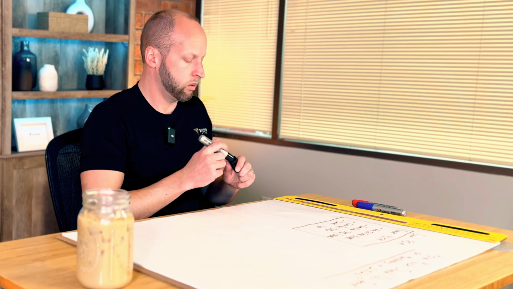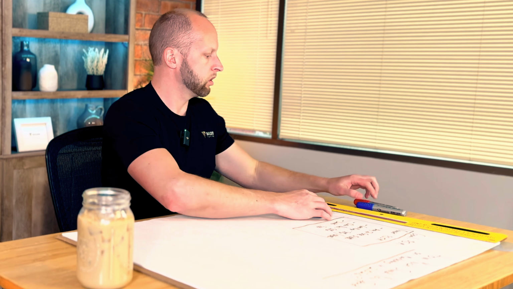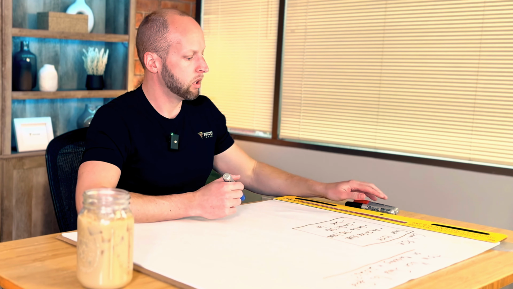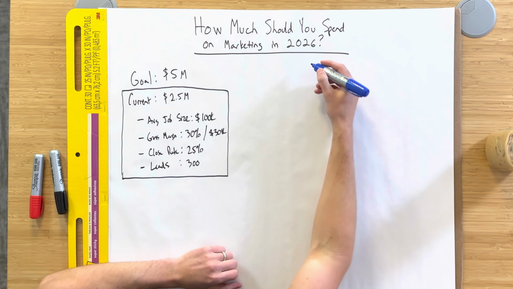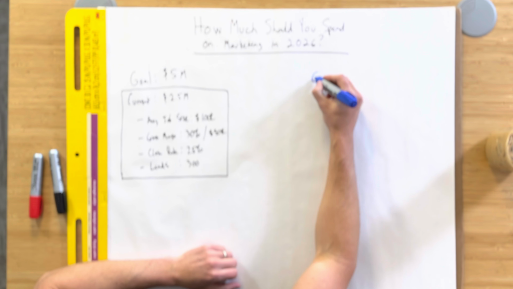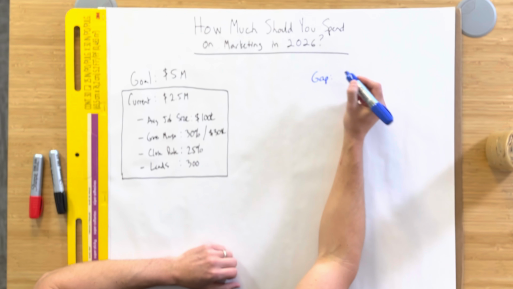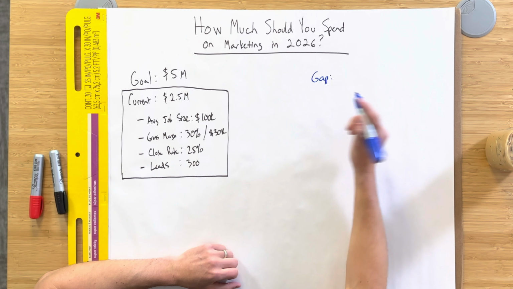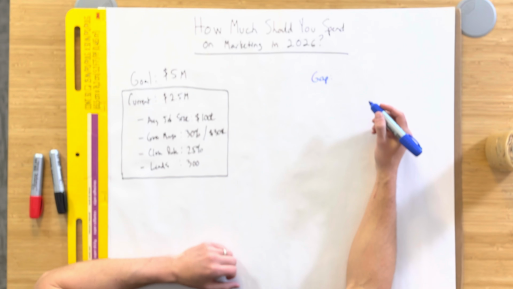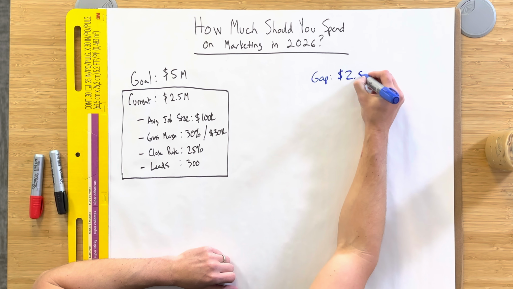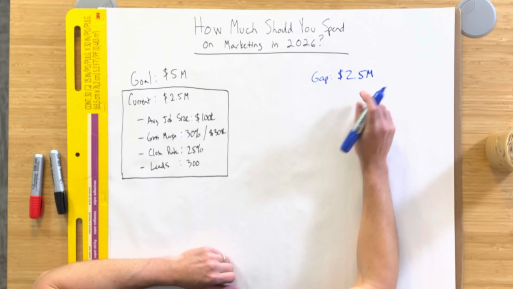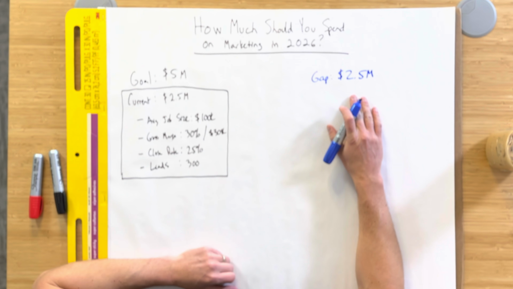So now we are going to move into the gap, which is what's the difference here? Our gap is just the difference in revenue. So we're going to take the 5 million minus the 2.5. We've made it really easy on ourselves. And so we need an additional $2.5 million.